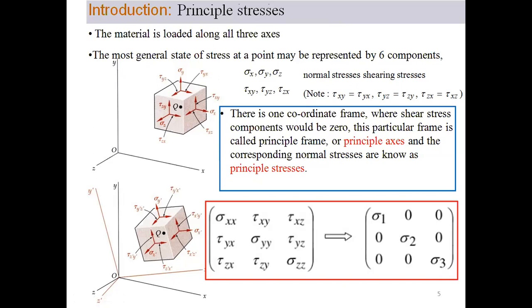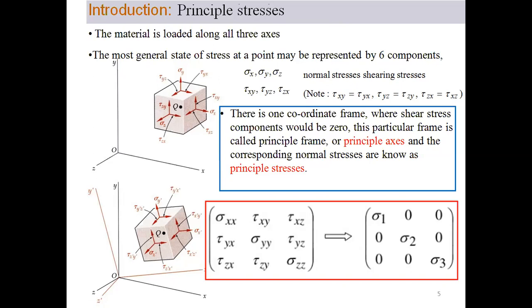And why do we need to find those principal stresses? Because we are doing design based on those principal stresses. As I told you, those stresses would be maximum or minimum. In order to design a component, we need to find out at which axes the stresses are maximum.